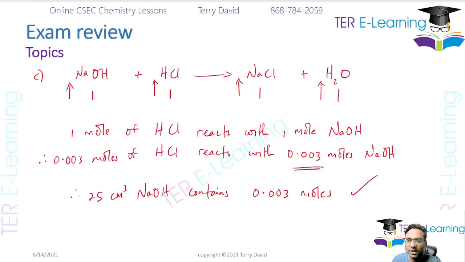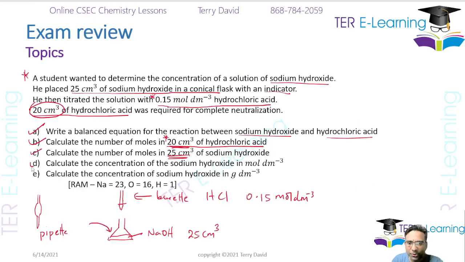Now I hope you guys are following what I'm doing here. So this is part C. The next part we're going to work out is part D. Calculate the concentration of the sodium hydroxide in mole per dm³.